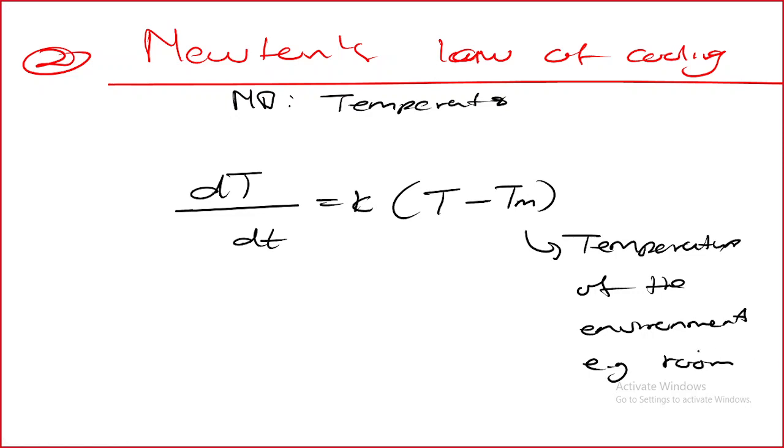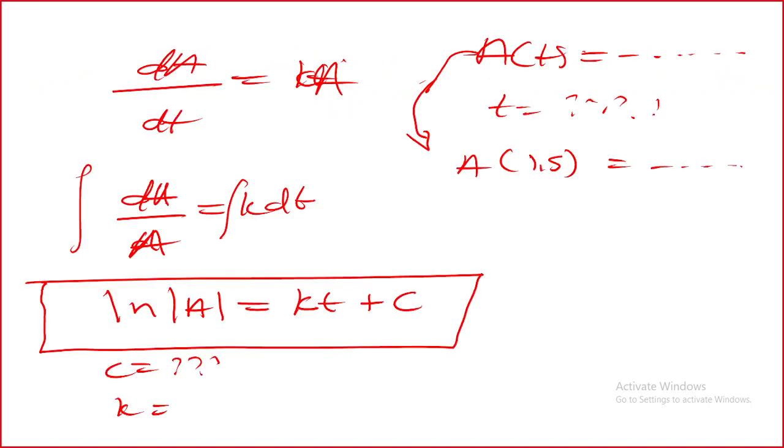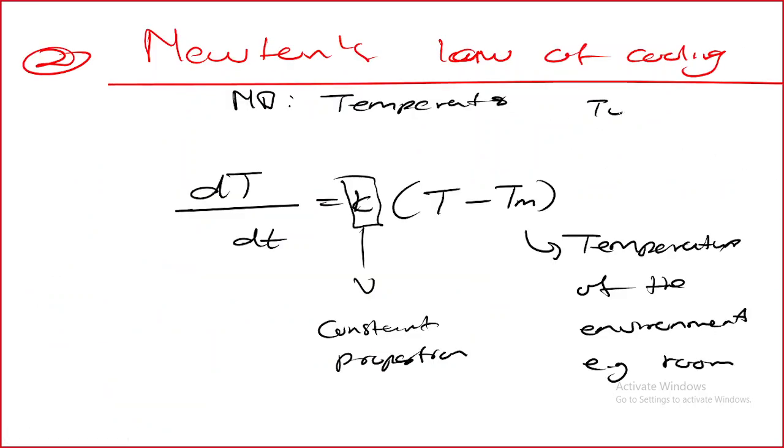And k is the constant of proportionality. You're still going to do the same thing as we were doing previously, separating the variables on your left and on your right. To solve this problem, you also need two conditions: the initial one and the boundary one.